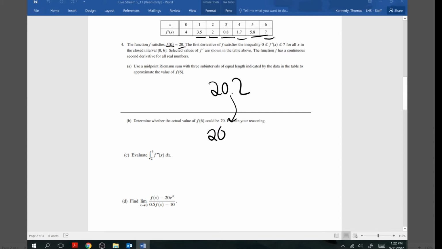Our play here is to actually use the max sums. So pick the biggest value and use that as the value on the interval, because that will give us a better indication of whether or not it gets crazy big or anything like that.